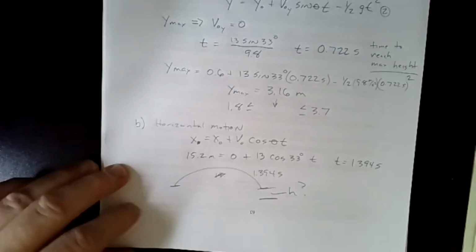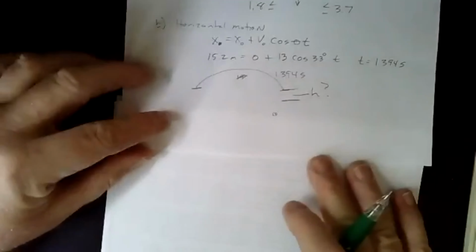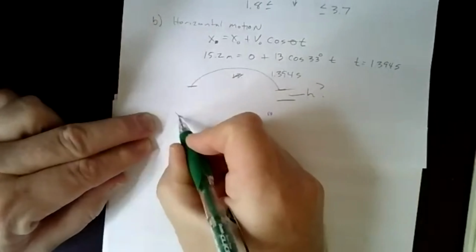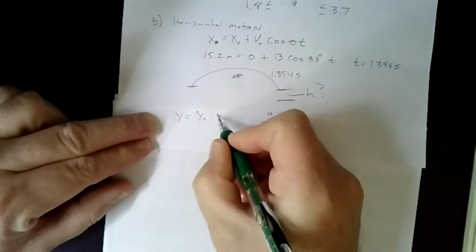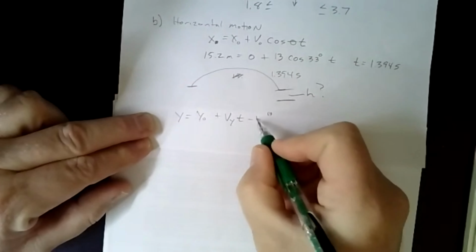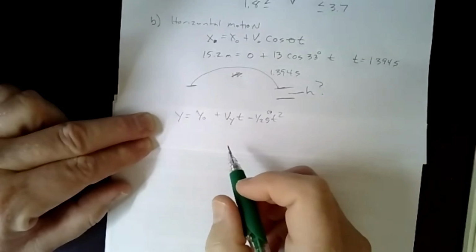So what is that height? Okay. And so what we're going to say is y equals y naught plus v_y t minus 1/2 g t squared. Again, I listed the equation. And so what do we have?